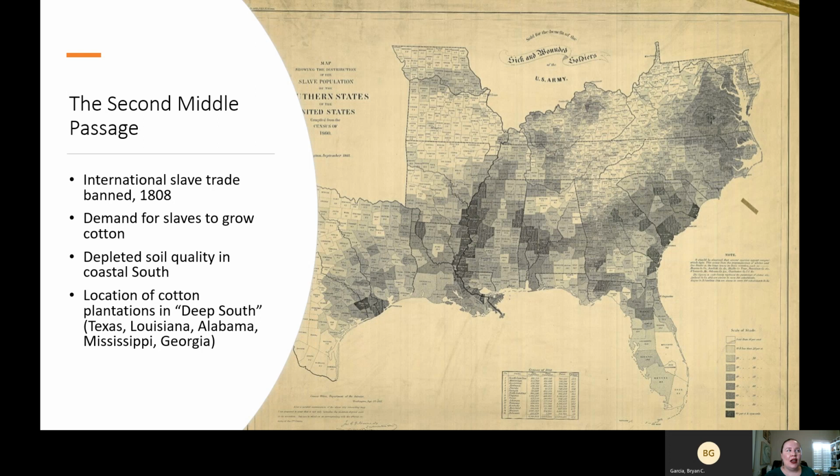Oftentimes, their families were there for generations on the same plantation. This starts to change as cotton production moves to the Southwest and demand for slaves also moves to the Southwest.